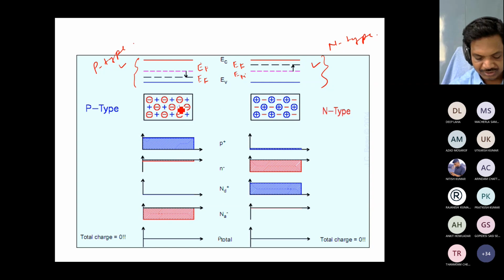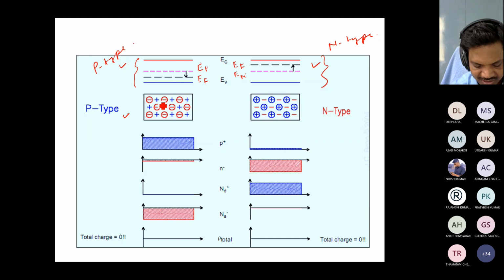Okay, so now again here in the p-type semiconductor, what are the different charge carriers there? And what are the different charged particles there, both in p-type and n-type? First, let us see p-type. This encircled negative sign, what does it indicate?